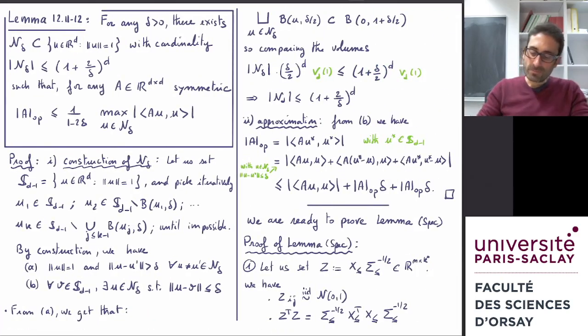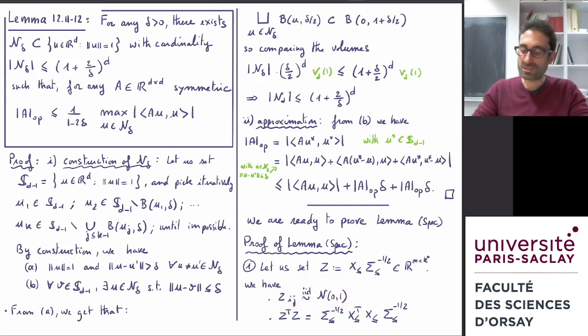The first thing that you will do is to denote by capital Z the matrix obtained by taking X small times sigma small to the power minus 1/2. This is a matrix which is n times kappa star, and it is a simple computation, so if it's not obvious for you, just take a pen and check it, that this matrix will be IID, so we'll have entries that are IID standard Gaussian.